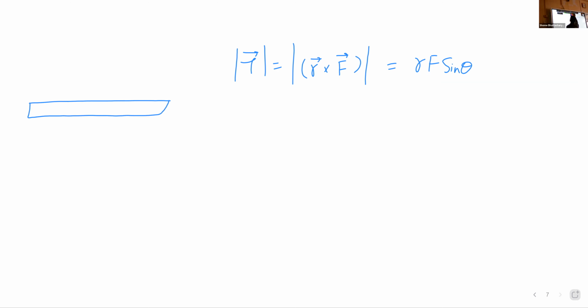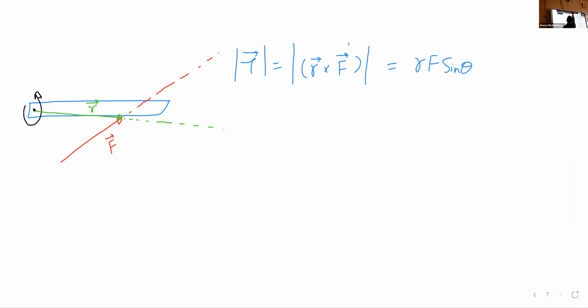Suppose now my force is acting like this. This is the line along which the force is acting, and my axis of rotation is fixed here. So my R vector is this one.